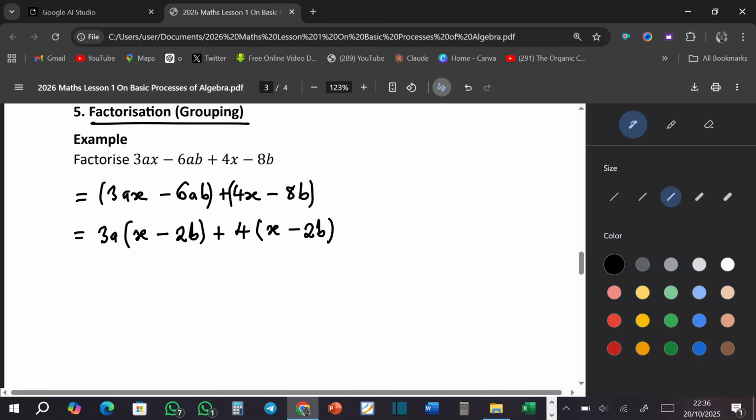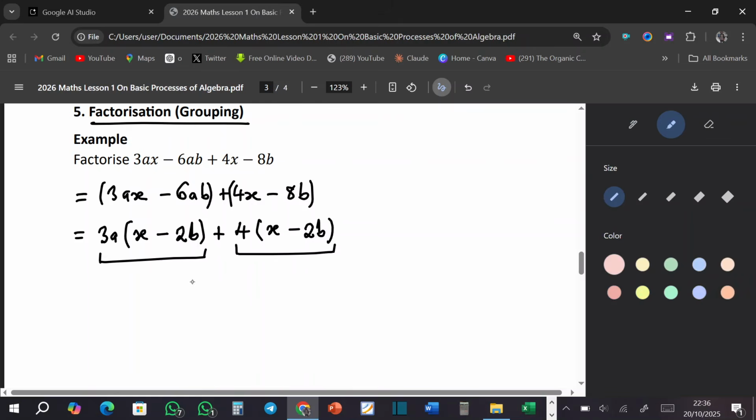Now, after you factor, you have 2 big terms. One big term from here and another one here. Now, on these 2 big terms that you have, you can notice that there's something common here. You have seen there's this part and this part, they are common.